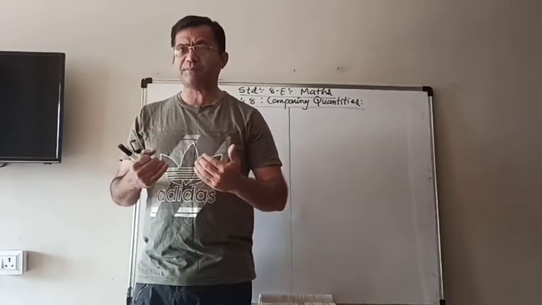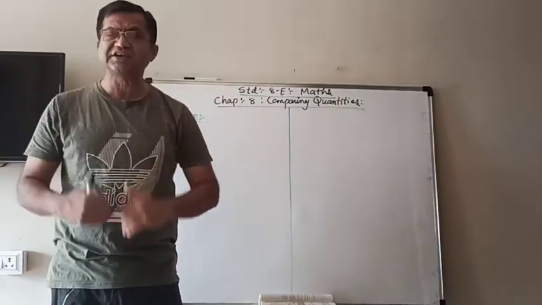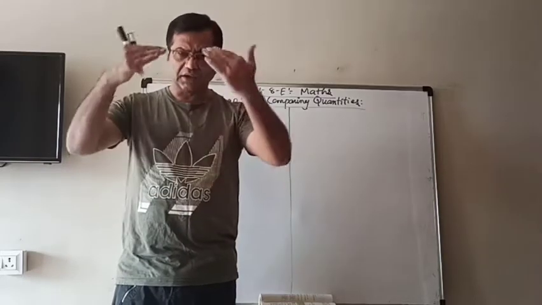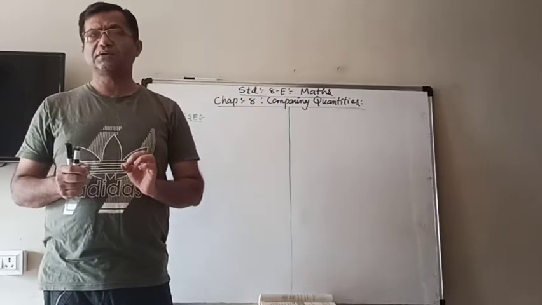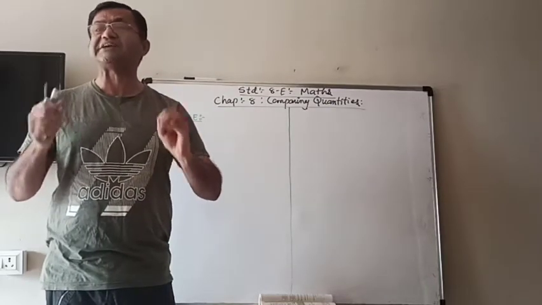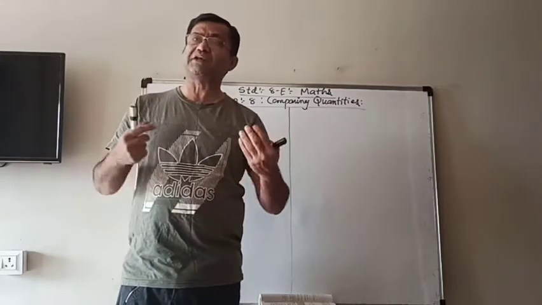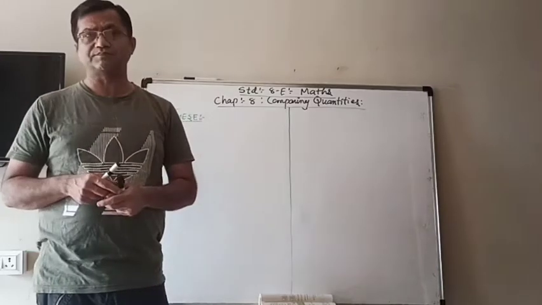But in the case of depreciation, means price decreasing, or in case of going down, we only have to change the sign. Instead of 1 plus R upon 100, we write 1 minus R upon 100 power n.